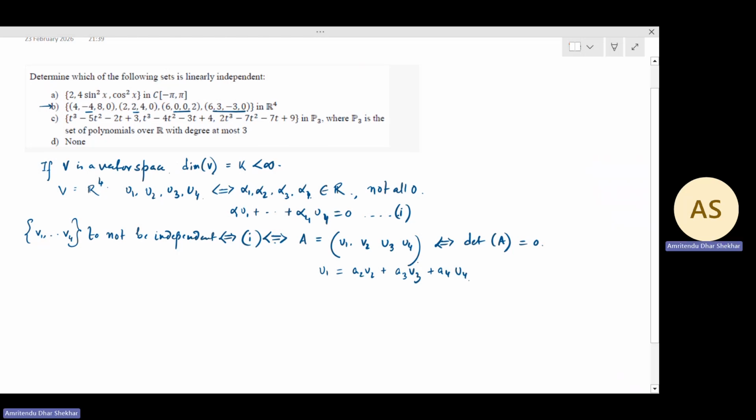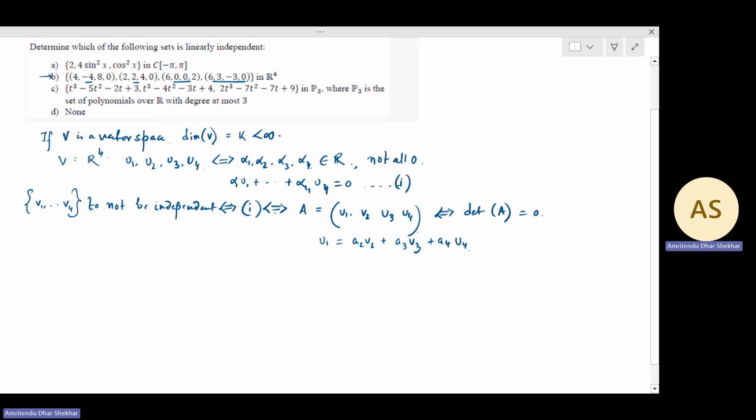Now we know that the determinant of a matrix A is unchanged if you add multiples of other columns to a column. So the determinant of A is equal to, if I add the columns V2, V3, and V4 multiplied by these scalars, V1 minus A2 V2 minus A3 V3 minus A4 V4, and then you have V2, V3, and V4.